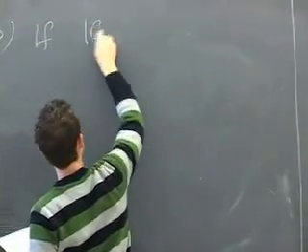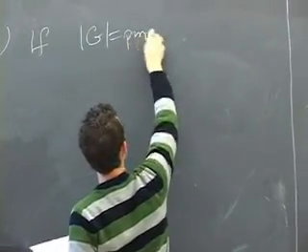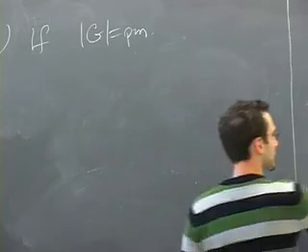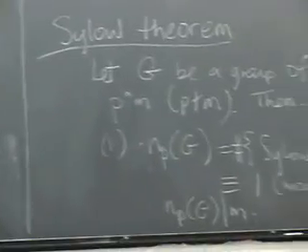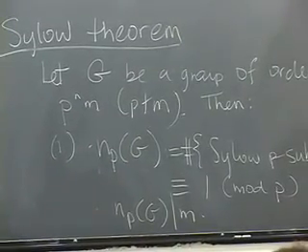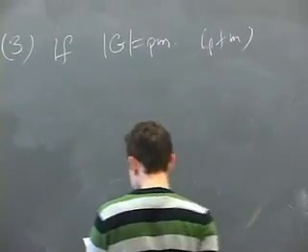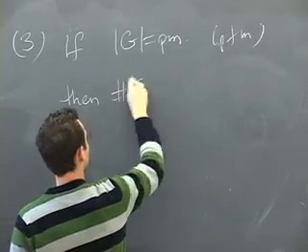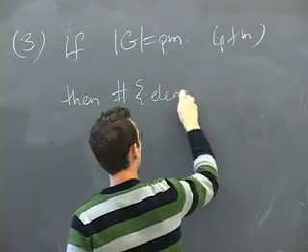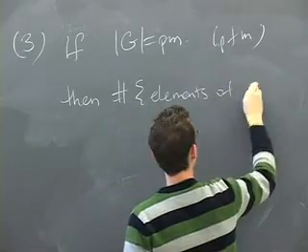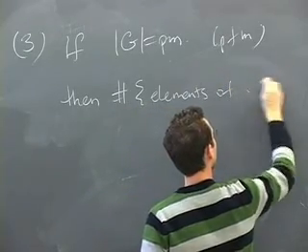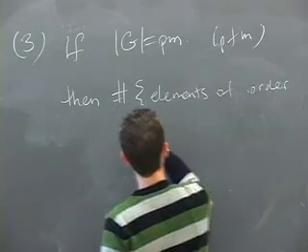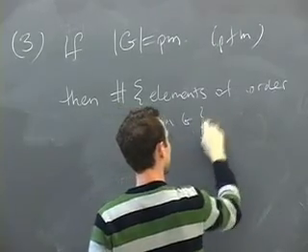Suppose I can write the order of a group as pm. So in other words, n here is 1. So suppose the group order is pm, and of course, p doesn't divide m. Then the number of elements of order p in G is what?